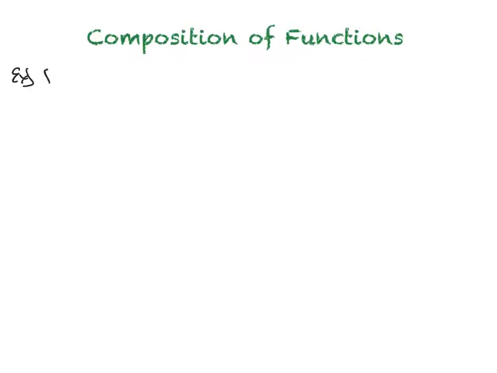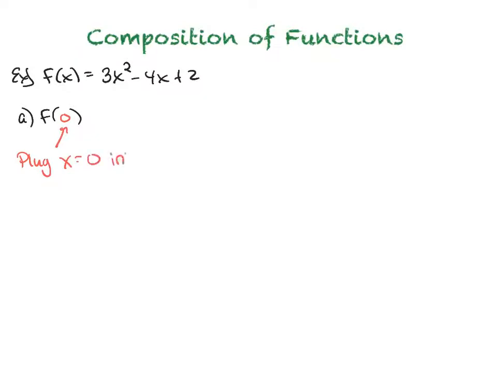Let's say that we have f of x equals 3x squared minus 4x plus 2, and I asked you to find f of 0. Well, you probably remember from your previous sections in algebra that this means plug x equals 0 into f of x.